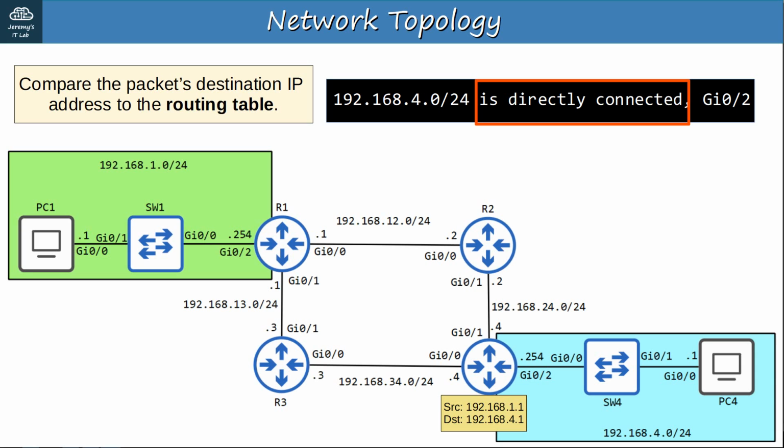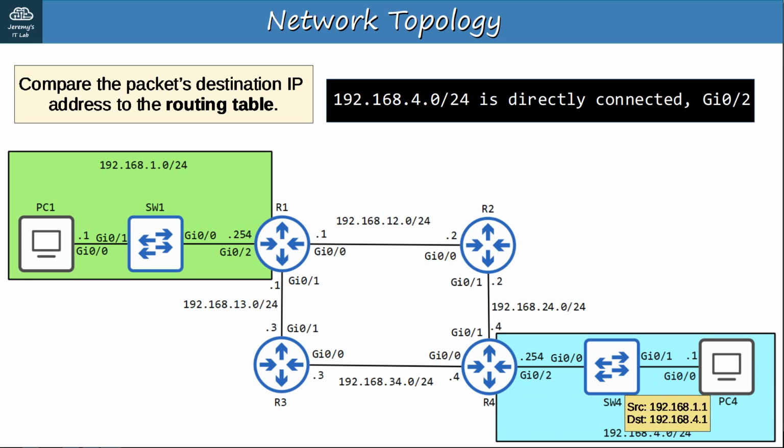That's because R4 has an IP address of 192.168.4.254/24 configured on its G0/2 interface, so it knows the 192.168.4.0/24 network is directly connected to that interface. It forwards the packet out of that interface, and switch 4 passes it on to PC4, the final destination.